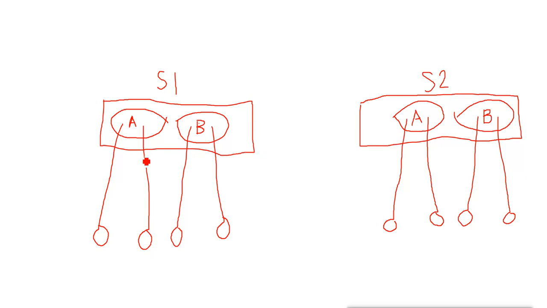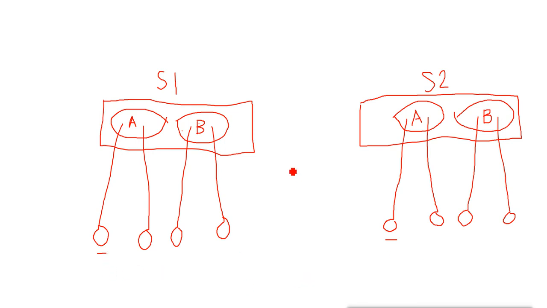Now what we have, VLAN A, B here, and the same VLANs I created here also. Now when I try to ping from this machine to this machine, like VLAN A to A, the VLANs are the same.